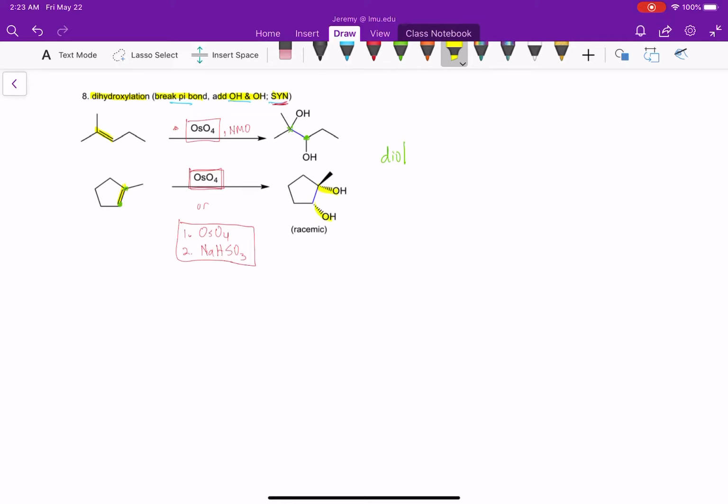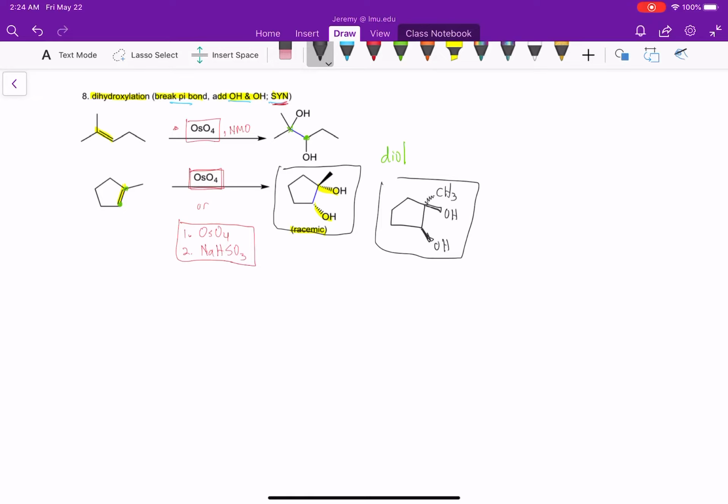So they're both dashes or both wedges. Racemic means it can be both dashes or both wedges. So you could draw this molecule as such, where the two OHs are wedges, and that would be completely correct. And again, as we've talked about before, in my class, you only have to draw one of the enantiomers to do this.